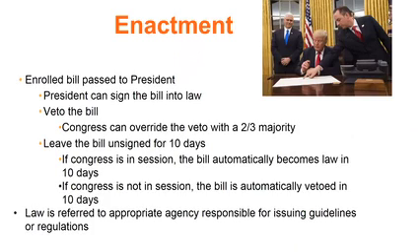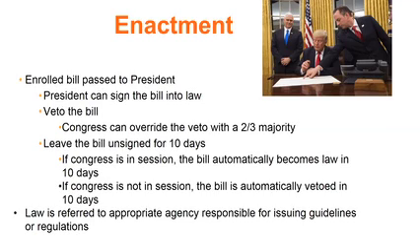So once it's been approved by the House and Senate, that's when it goes to the president, who is currently Donald Trump. He can sign the bill into law, so presumably that's what he's doing in that picture. He can veto it, but Congress can still override the veto with a 2/3 majority. If he ignores it, it goes unsigned for 10 days.